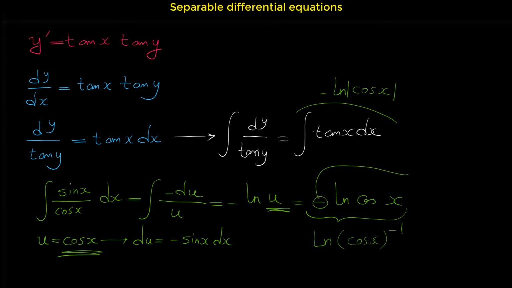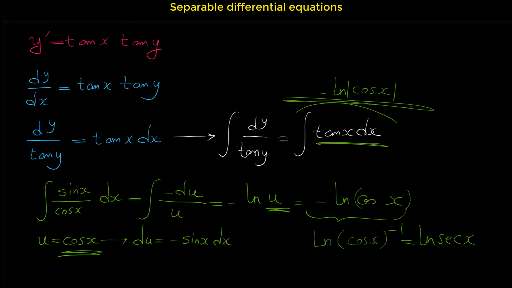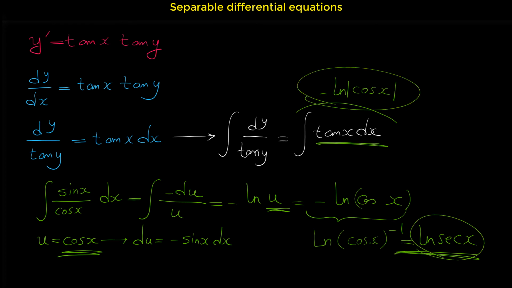We can bring this negative to the power, and cosine to the negative 1 is 1 over cosine, and 1 over cosine is secant of x. So we can write this in the form of ln of secant of x. So the integral of tangent of x dx is negative ln of cosine of x or ln of secant of x. You can use this or this for the integral of tangent of x.